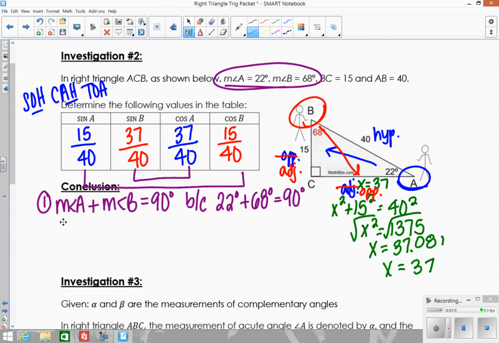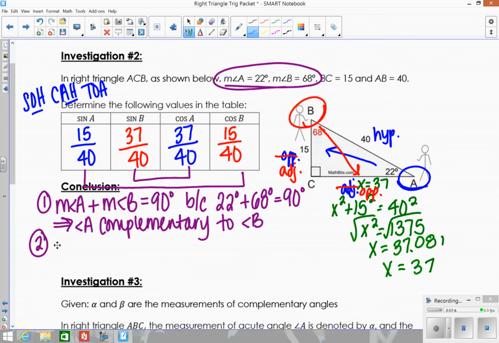So this tells us that angle A is complementary to angle B. And then the second conclusion is that the sine of A is equal to the cosine of B, and vice versa. The sine of B is equal to the cosine of A.